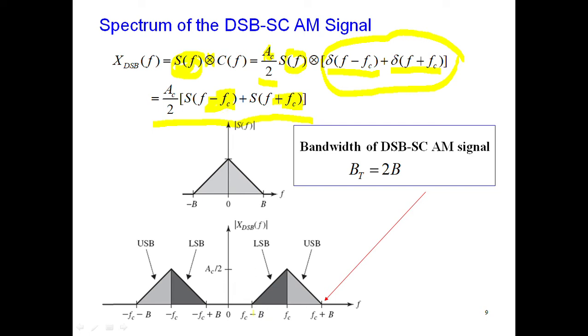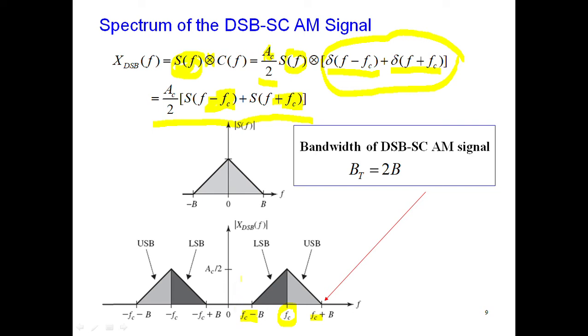So we move this one by fc, so now B has plus fc and minus fc, and vice versa.